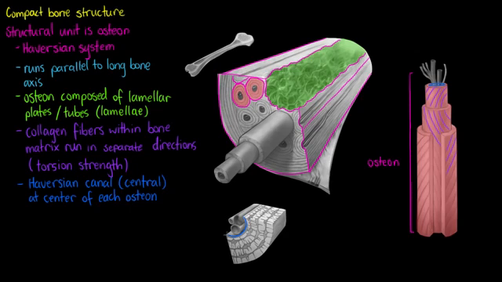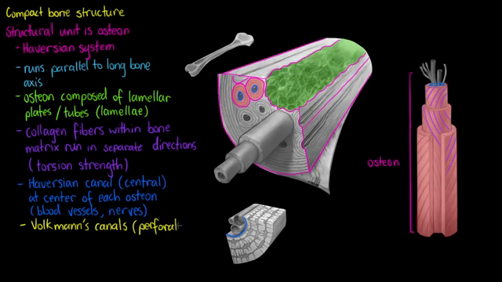This is a central canal or a Haversian canal here, and a couple here as well. And the reason we have these central canals is so that we can allow the passage of blood vessels and nerves through these osteons, because we have live tissue and live cells all throughout our bones, so we need to be able to supply them with nutrients and oxygen as well.